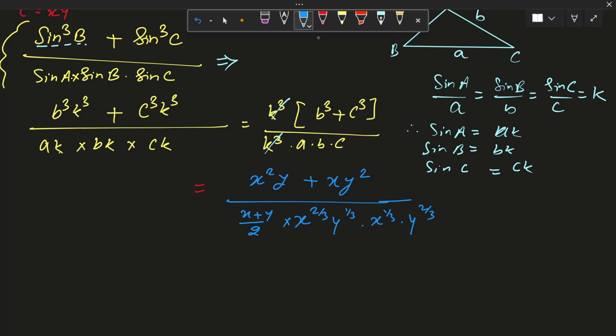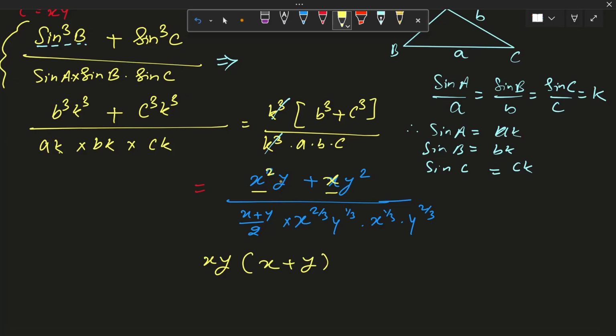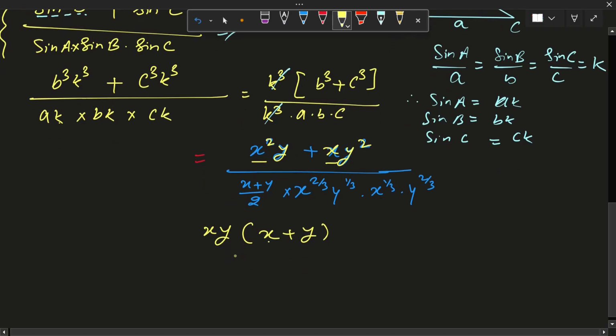Now if you simplify this, taking x and y common in the numerator, it will become x plus y only. x square is there and here one x is there, so I am taking x common, and y square becomes y, so x y comes outside.